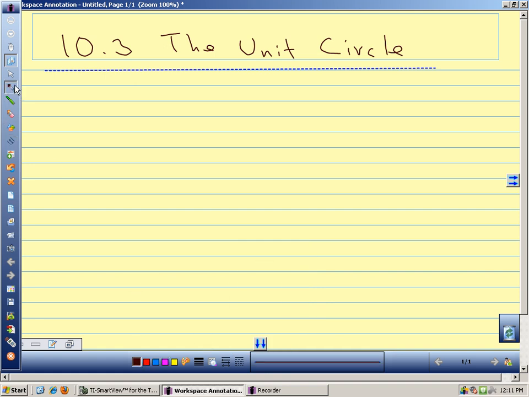So before we talk about the unit circle itself, we need to know a little bit of terminology that we're going to use when we talk about the unit circle. One idea that we're going to work with is the angle of rotation.